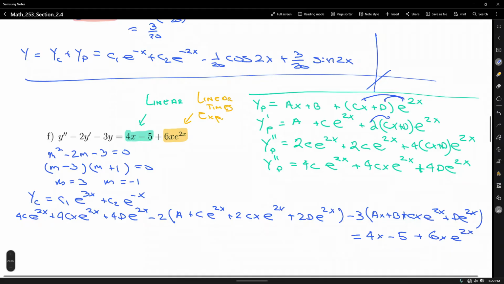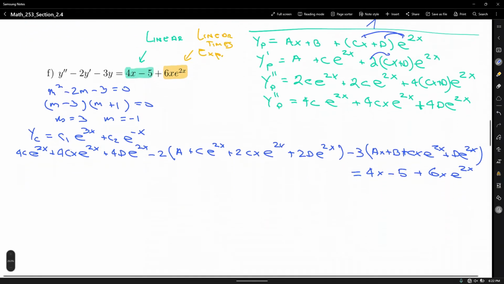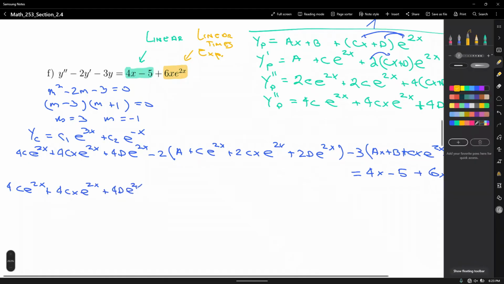Let's do the rest of the problem: distribute, bookkeep, etc. Careful, I'm going to go in slow motion as best as I can. So this is going to be 4c e to the 2x plus 4cx e to the 2x plus 4d e to the 2x, and let's distribute the 2 here.